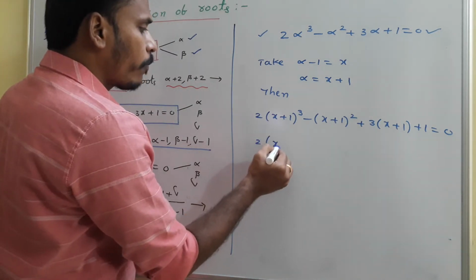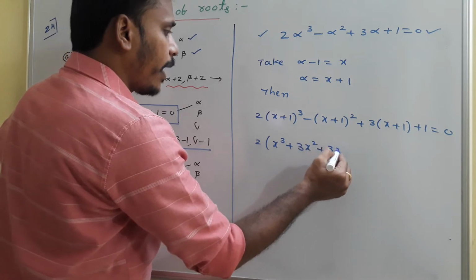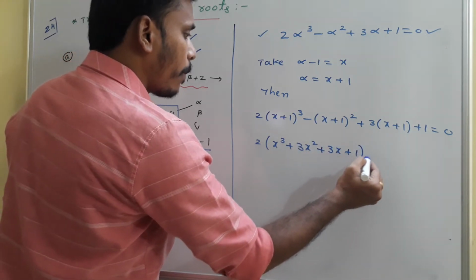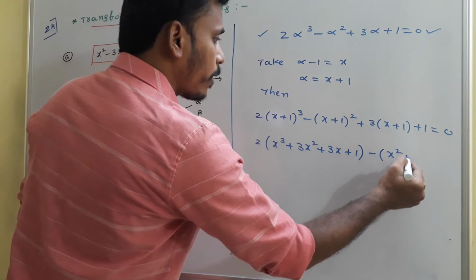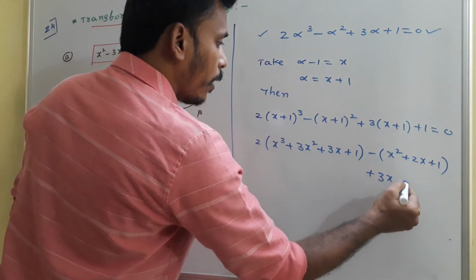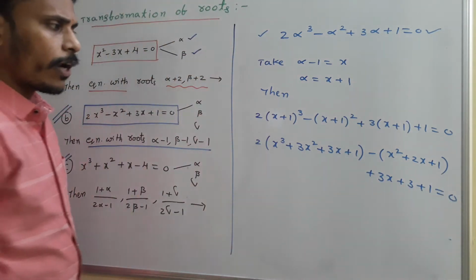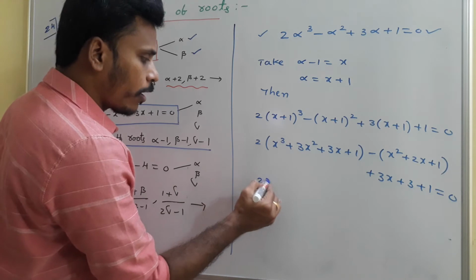2 times of x cube plus 3x square plus 3x plus 1 minus of x square plus 2x plus 1 plus 3x plus 3 plus 1 is equal to 0. Now try to solve it. 2x cube, okay.